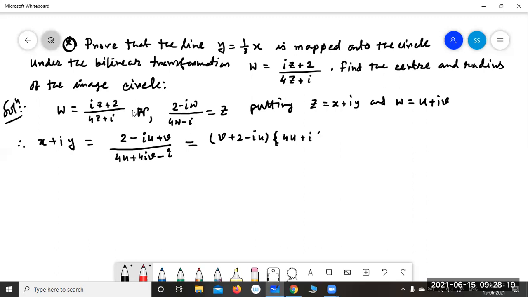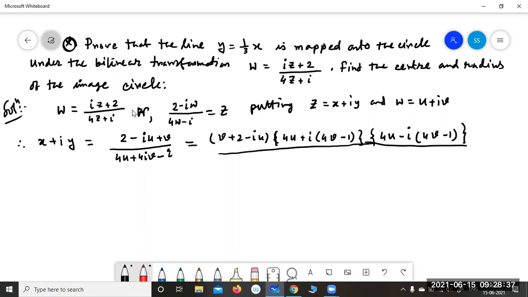Its conjugate is 4u - i(4v - 1). So in the denominator it will be (4u)^2 + (4v - 1)^2. Is it clear?